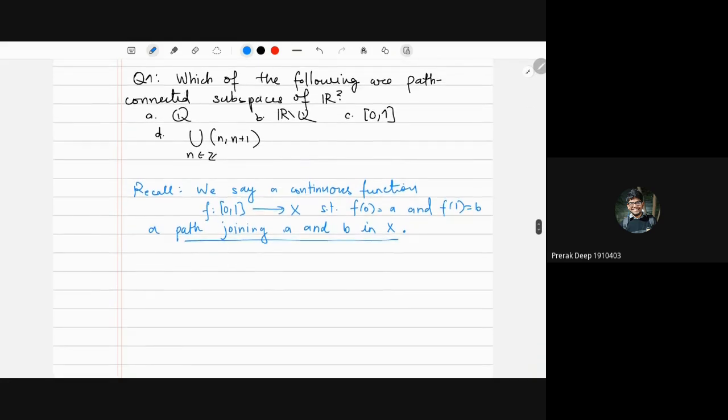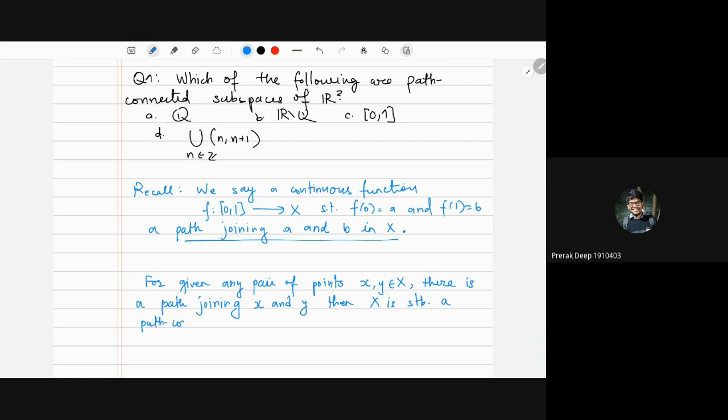And if, given any pair of points x, y in X, there is a path joining x and y, then X is said to be a path connected space.